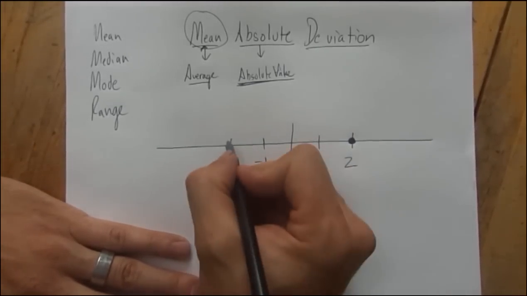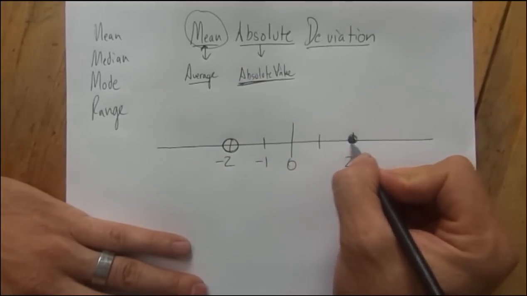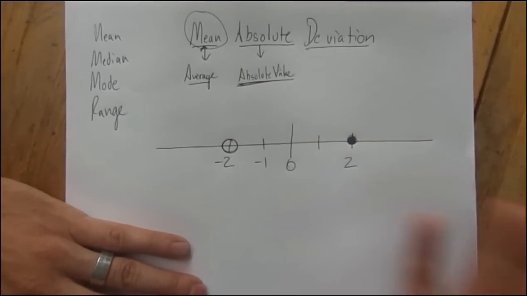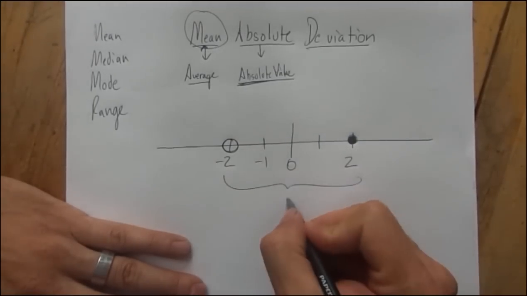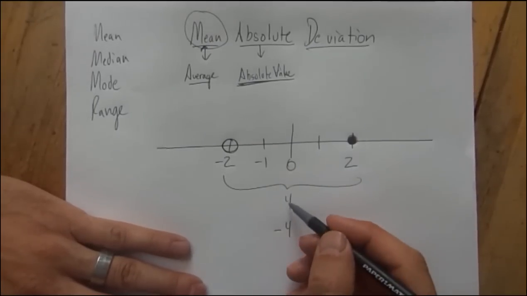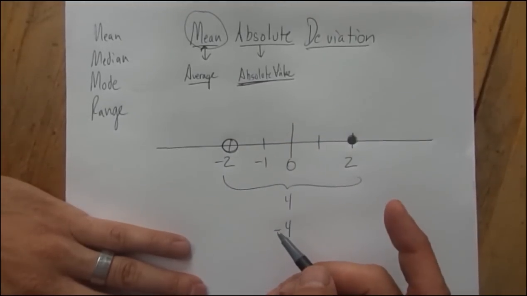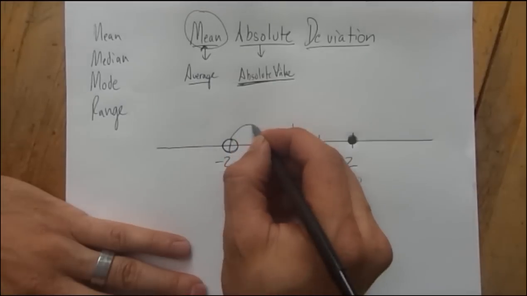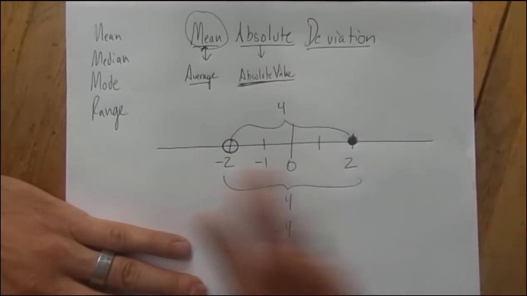How far away is the open dot from this closed dot? Well, one person might say the distance here is 4, and one person might say the distance is -4. The 4 and -4 refer to direction. But truthfully speaking, the distance between those two dots is always going to be 4. There's no real negative about it.